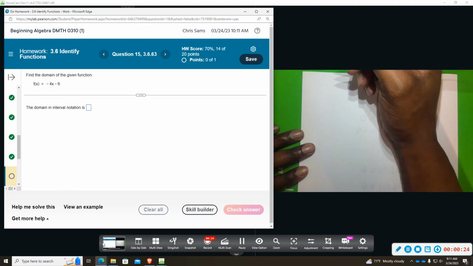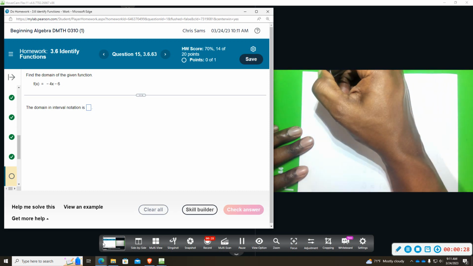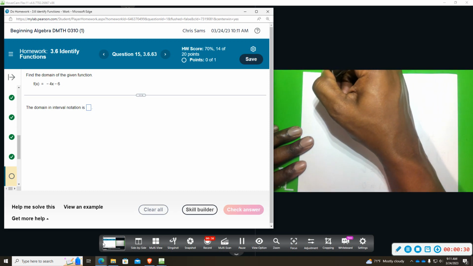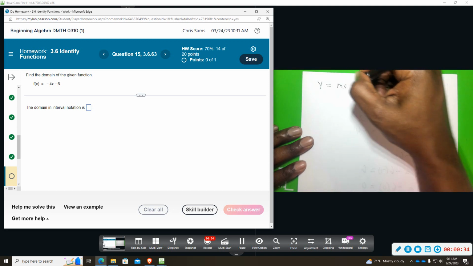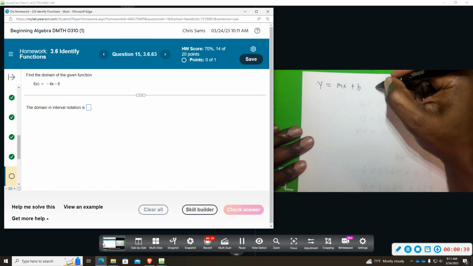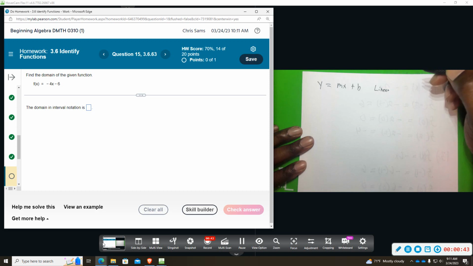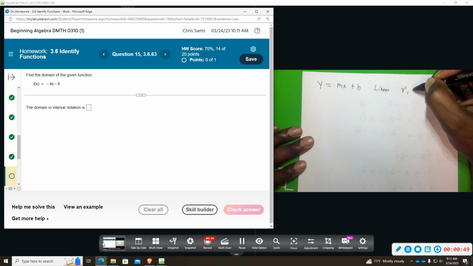there's two main types of equations that you will see. You will see what we call a linear equation, like y equals mx plus b. Okay, we will know this is linear because the exponent on the y is a 1 and the exponent on the x is a 1.